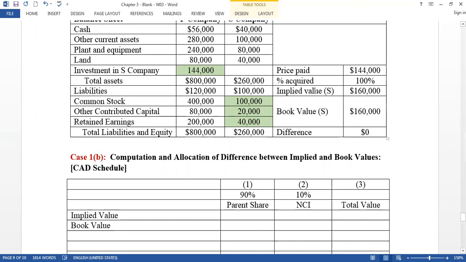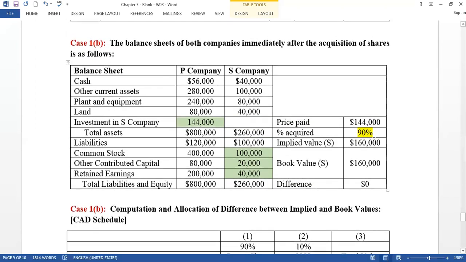But as a parent company, you cannot claim 100%, right? Why can you not claim 100%? Because you acquired only 90%. So my mistake, it is 90%. Okay, this was my mistake, so you can correct it.